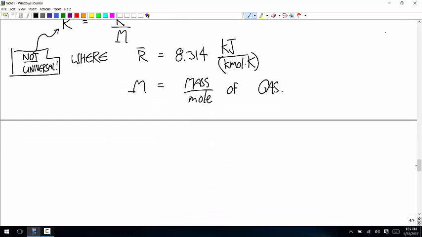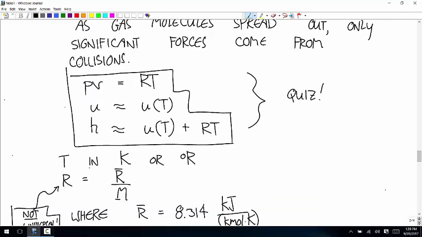Any questions about this? We're going to be using it. I guess that's the form of the ideal gas law that we're going to use.